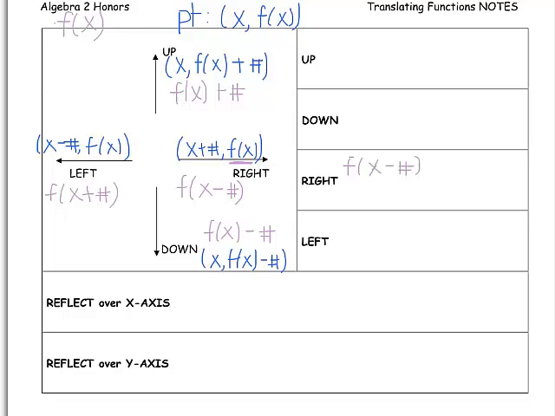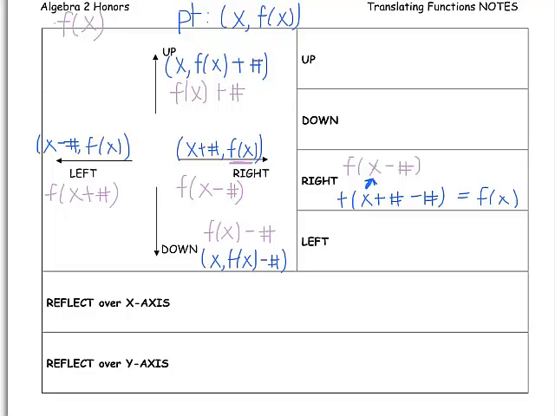If I want to take that translation and input the point that I have, so I'm going to replace this x with the translated point, and the translated point is x plus that value. And then I subtract that value. What happens here? Well, those values actually end up canceling each other out, and you get f of x. And that's what you want, because you want those y values to stay the same. So you have to do the opposite inside those parentheses because you want to maintain that same y value.